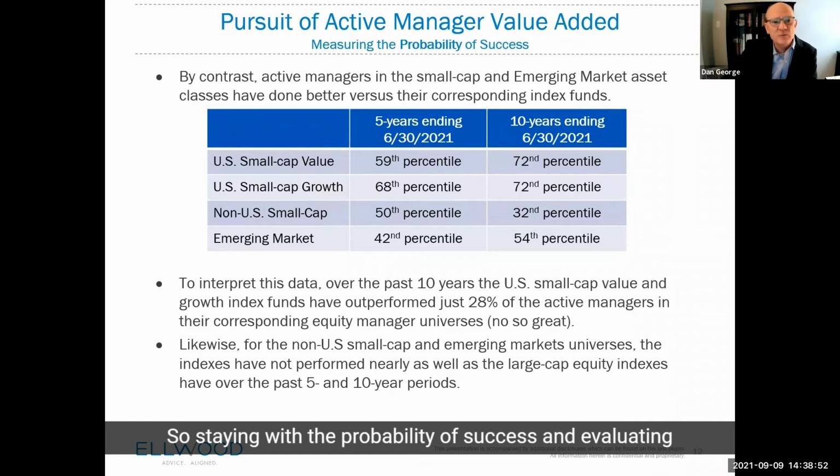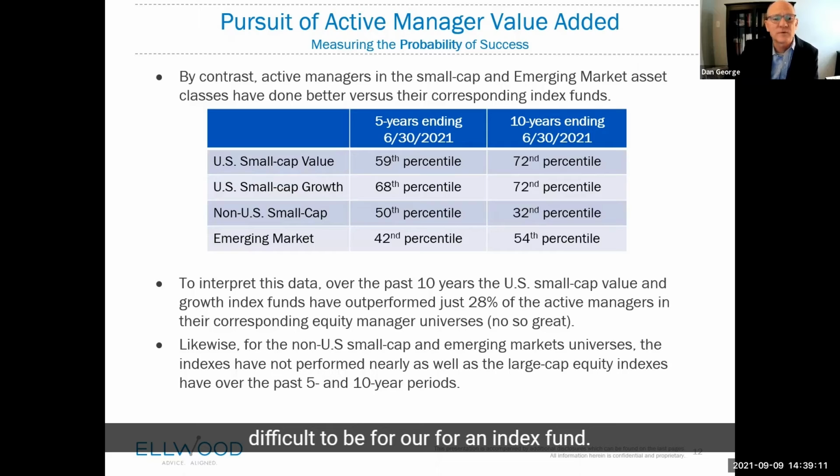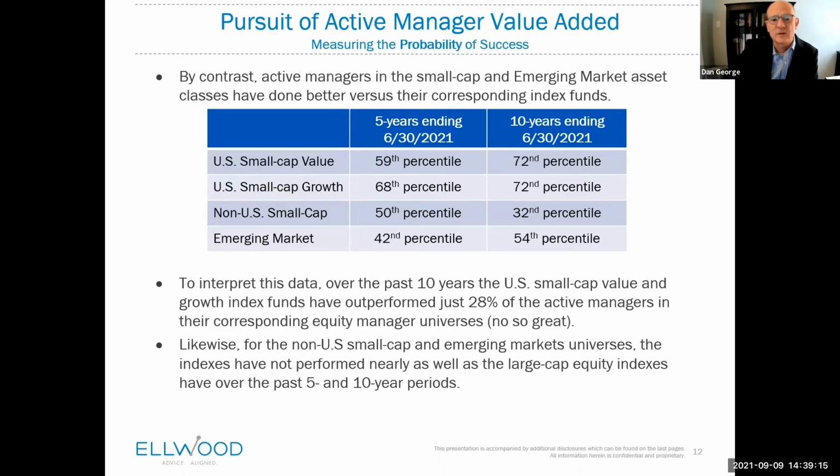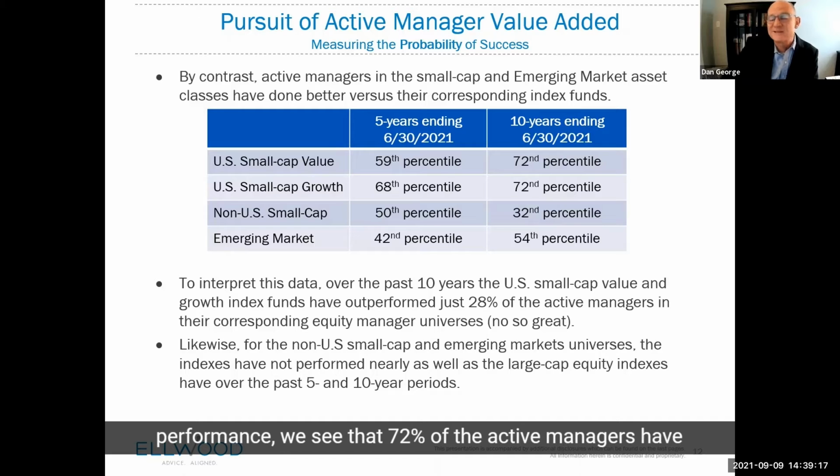So staying with the probability of success and evaluating the likelihood of picking a successful manager, let's look at small cap and emerging market spaces. The small cap US value and growth markets have been pretty difficult to beat for an index fund. When we look at the index fund ranking of a 72nd percentile performance, we see that 72% of the active managers have beaten this benchmark.